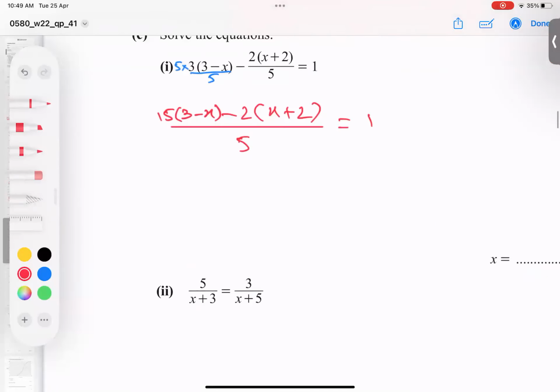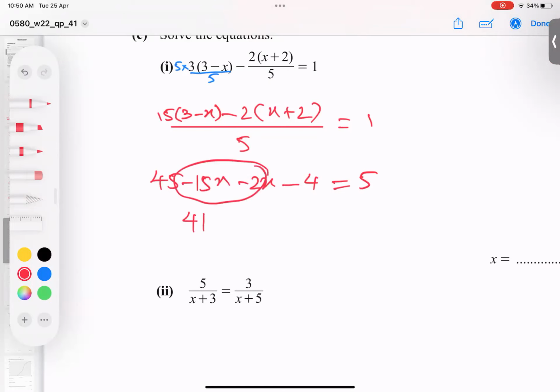I hope the point is clear. Now this 5 can multiply. Now I can do it. 15 times 3 is 45. 15 into x, 15x, negative 2 into x, negative 2x, and negative 2 times 2 is negative 4. Now these two values, 45 and 4, I got 41.